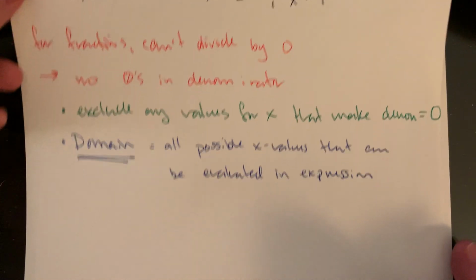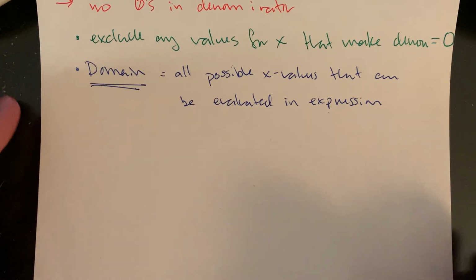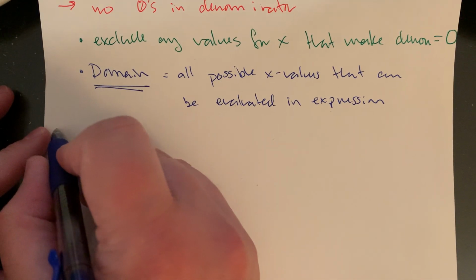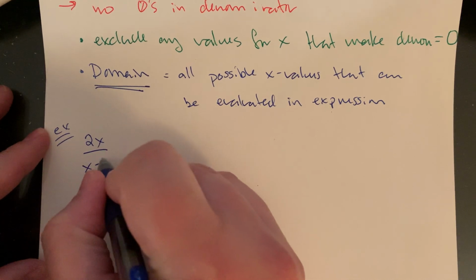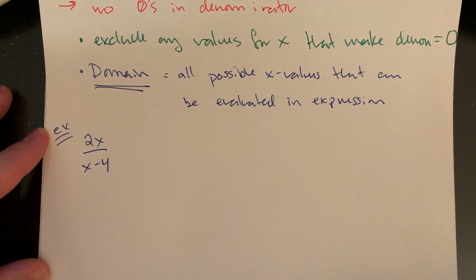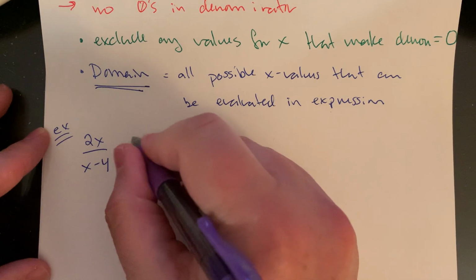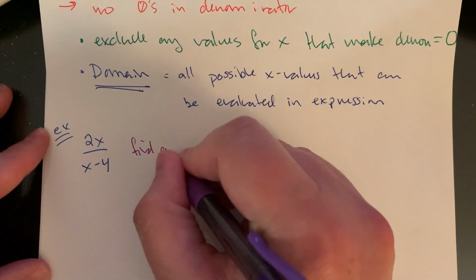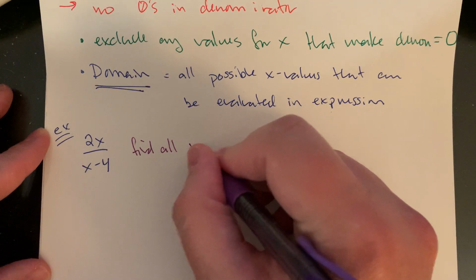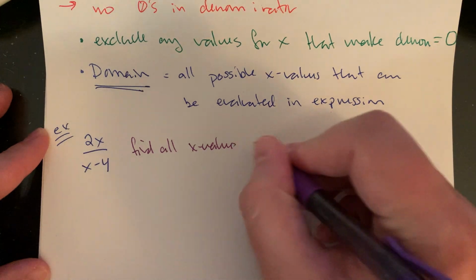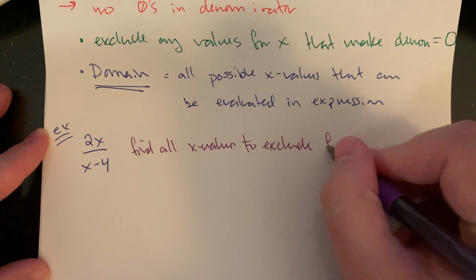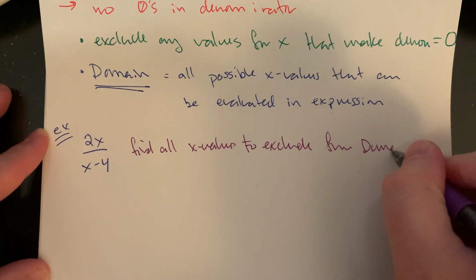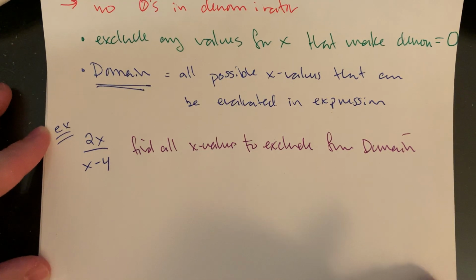So this isn't really anything super fancy. Let's just take our first one we had there. So 2x over x minus 4, right? So all we're going to do is just take a minute, find all the x values to exclude from our domain.